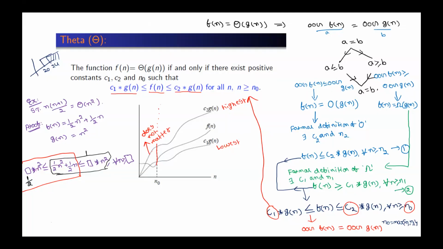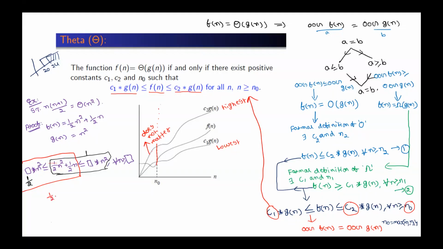Why? Because here 1 by 2 into n square plus some additional quantity is there. Hence, is that true or not? That's what we discussed for big O and big omega. For the highest term, we take only the coefficient, which is sufficient if all are positive. That's why if we take 1 by 2, that is over.